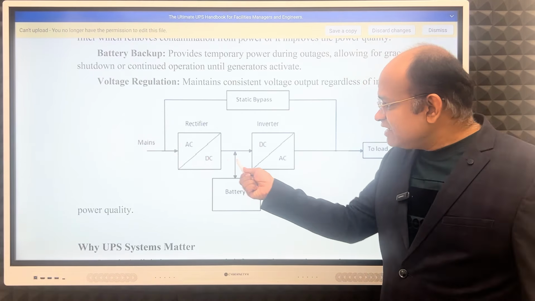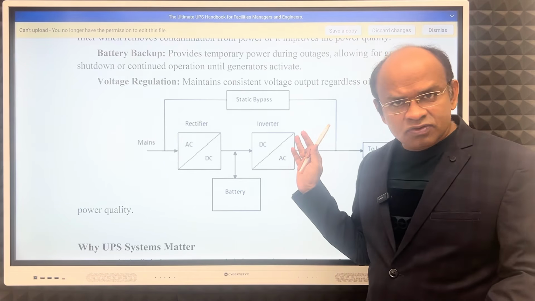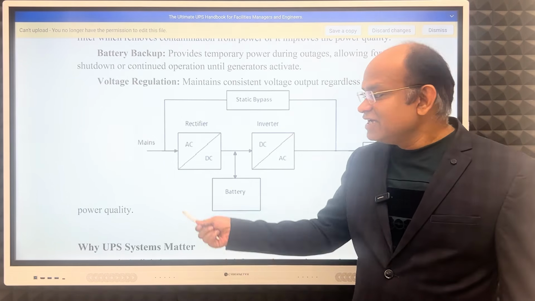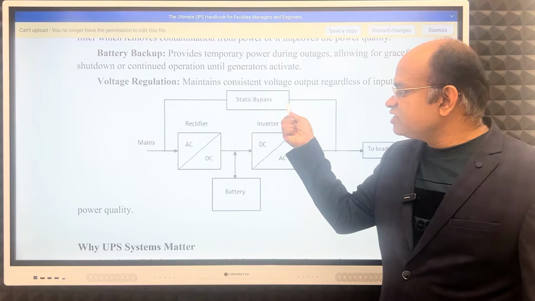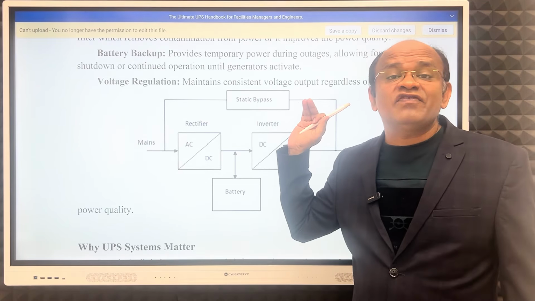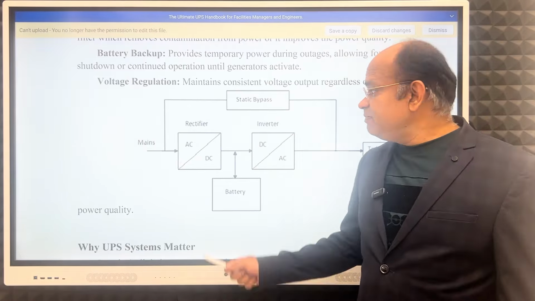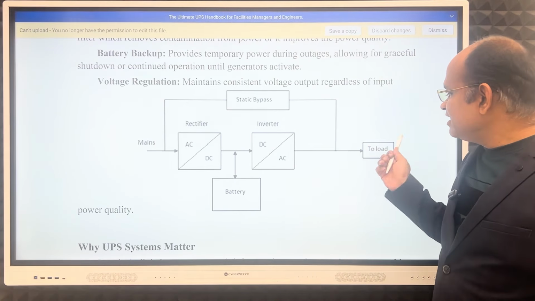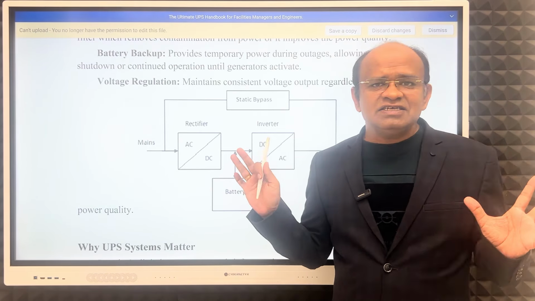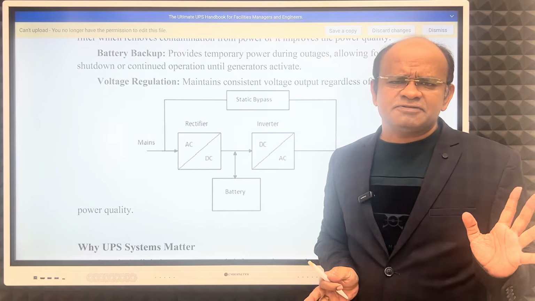So if anything happens, like the rectifier is not working, the inverter is not working, or the battery is dead, in that case this will switch the load to the mains. Rather than switching it off entirely, it will put it onto raw power or EB power. That is the static bypass. So this is briefly the block diagram of our online UPS.